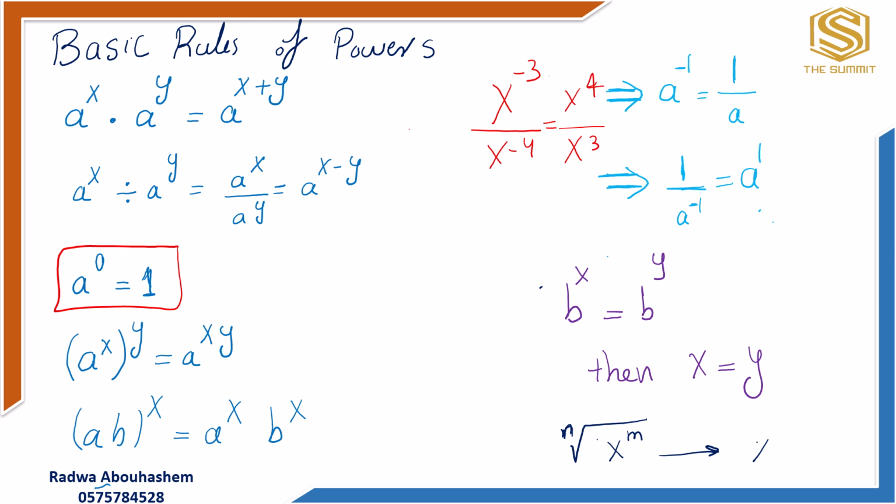So it would be x, and the index all the time will be in the denominator, and whatever the power below the root, you put it as a numerator. So x to the power of m over n. For example, if we have the fourth root of x power 8, it would be x to the power of 8 over 4. 8 over 4 equals 2, so x power 2.